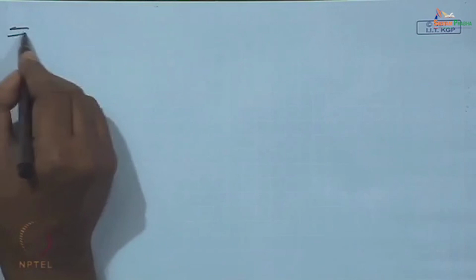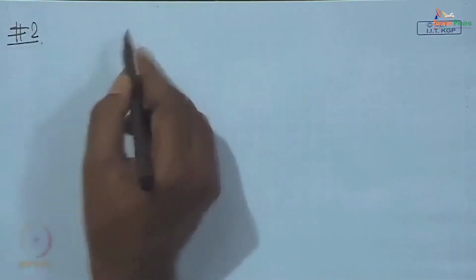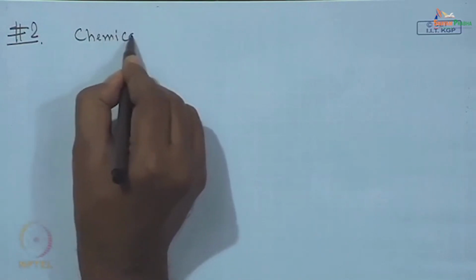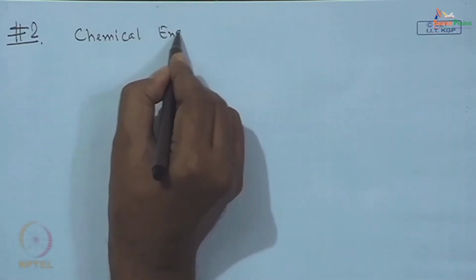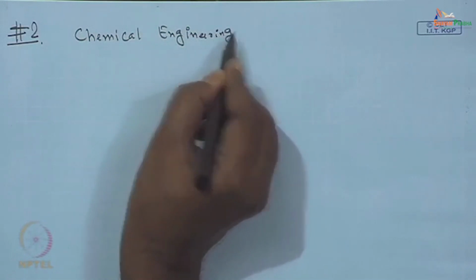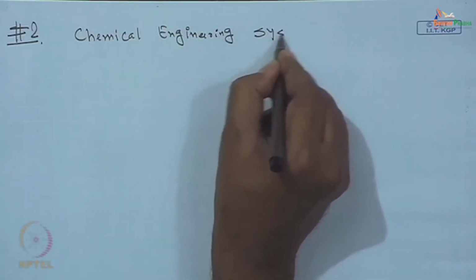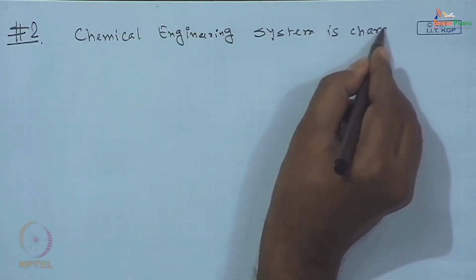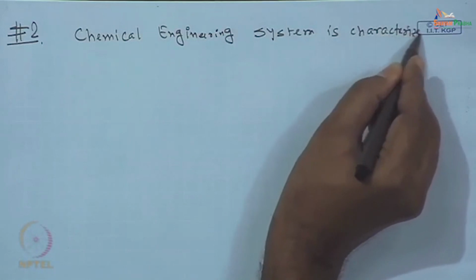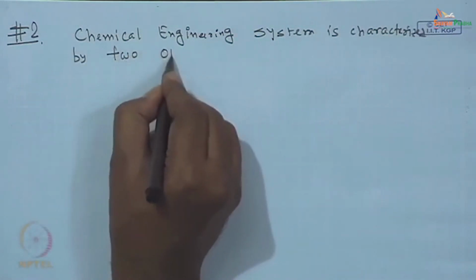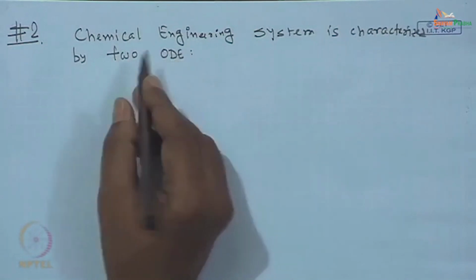Next problem is: a chemical engineering system is characterized by two ordinary differential equations.